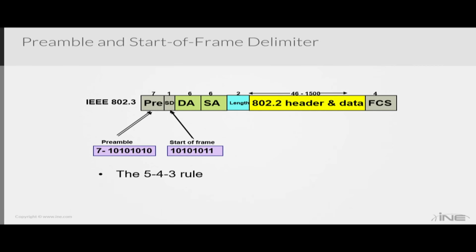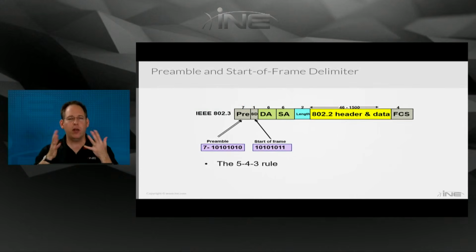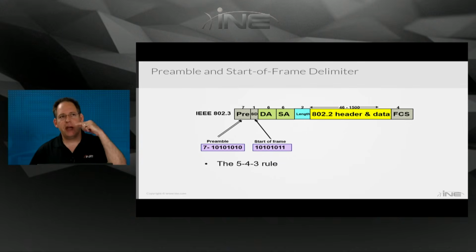Now, what does this 5-4-3 rule have to do with it? This is just some sort of historic artifact, but I thought you might find it interesting in case you ever ran across it. So in the old days of Ethernet, the 5-4-3 rule simply said this. When Ethernet was developed, one of the things they had to determine was, when I put a bit on the wire, a 1 or a 0, how far do I want it to go?